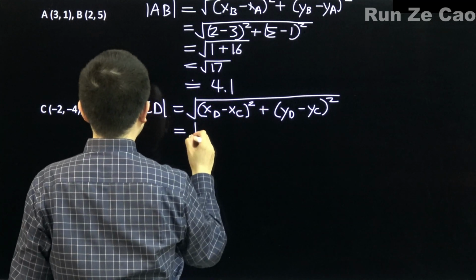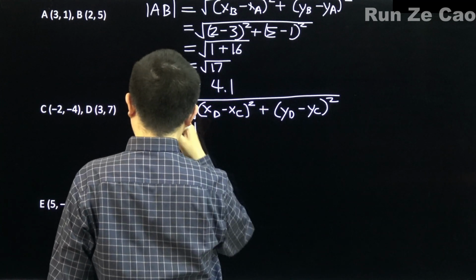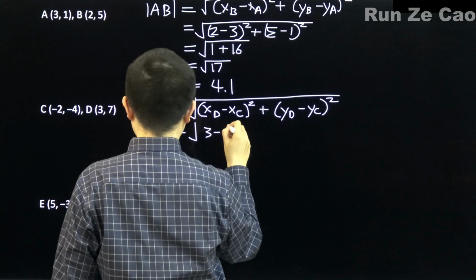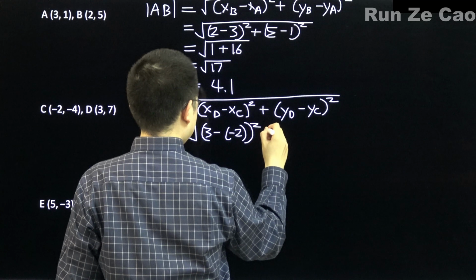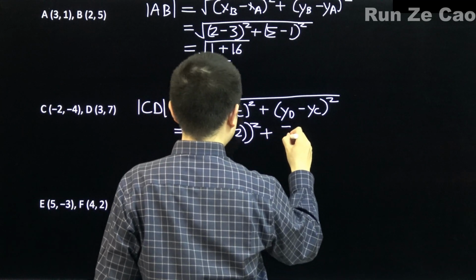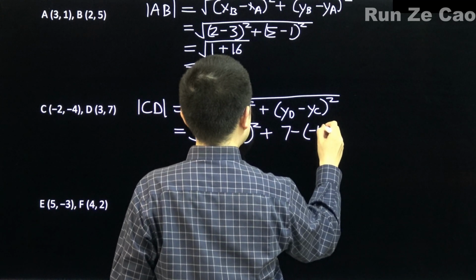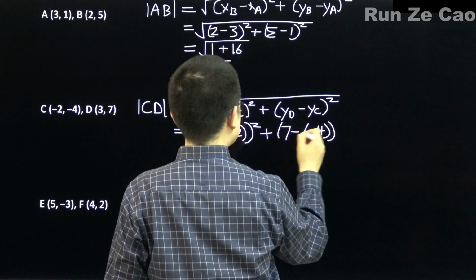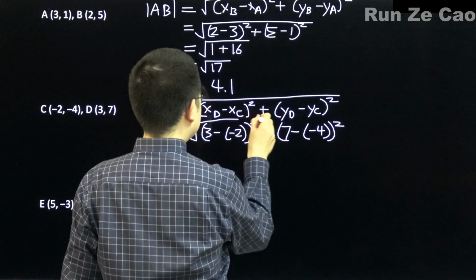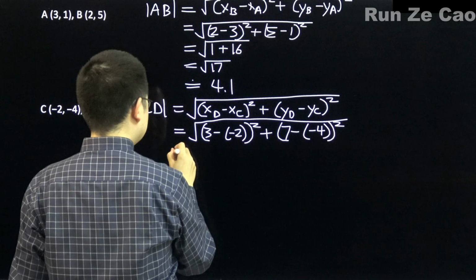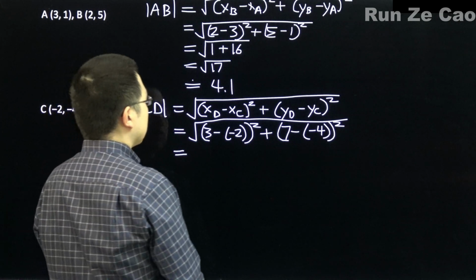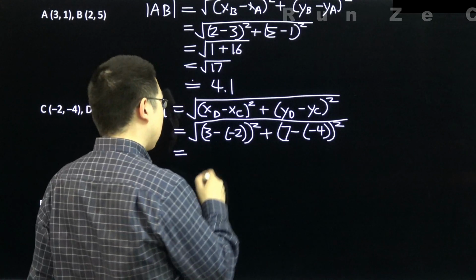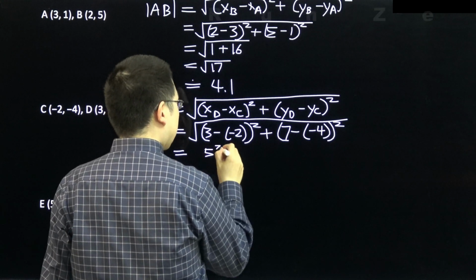So that's going to be xd is 3 minus negative 2, squared, plus yd is 7 minus negative 4, squared. 3 minus negative 2, that's 3 plus 2, or 5 squared.